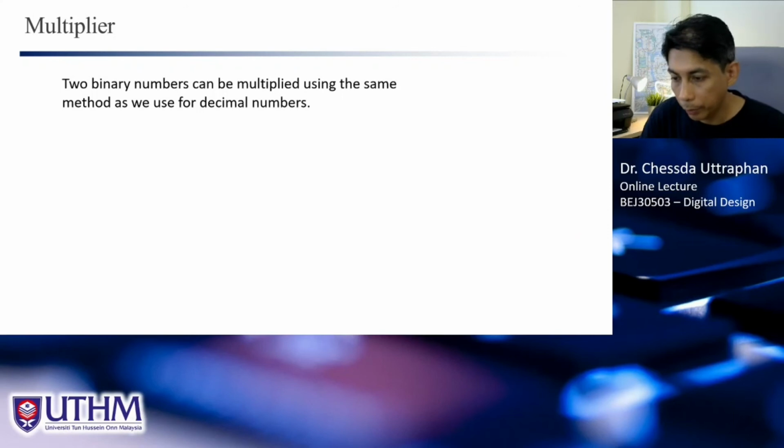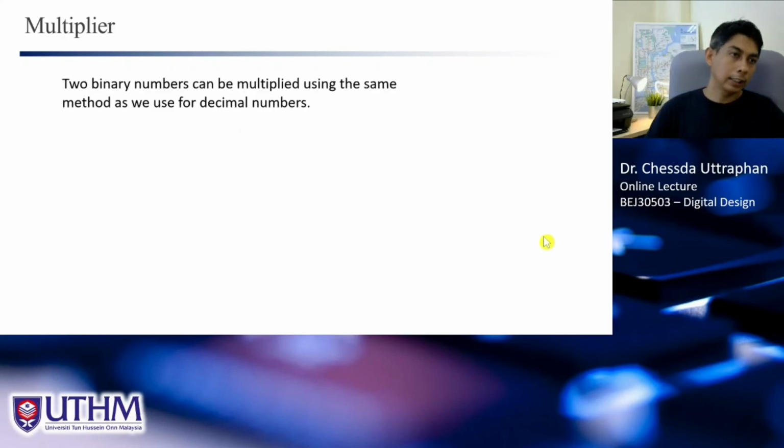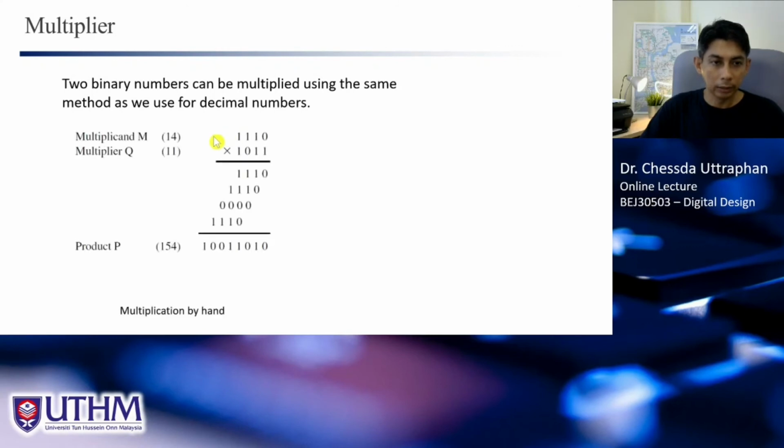Okay, so that will be the comparator, and the next one is the multiplier. So the multiplier is the circuit that is used to multiply numbers, right?